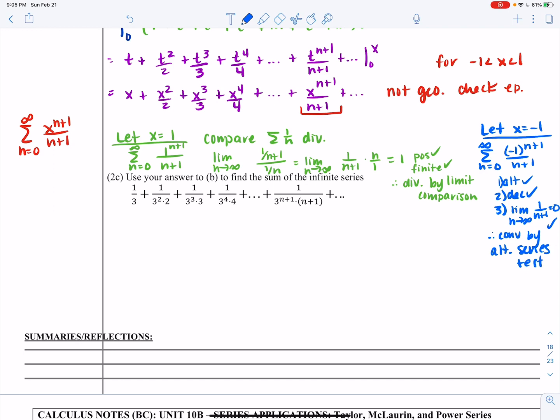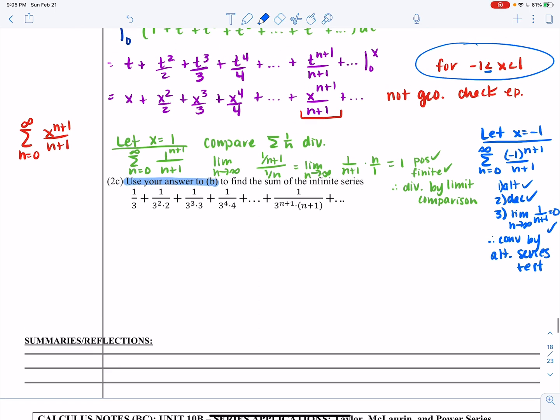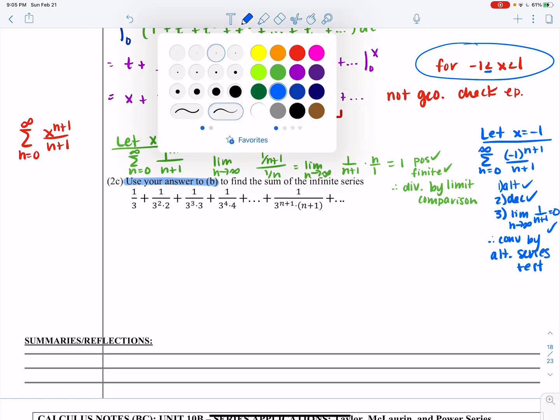If I go back up to my original answer, I need to throw an equal sign on -1, but keep 1 without it. For the last question that says use your answer to part B, guys, when they tell you use your answer to part B, they really want you to make sure you're making some connection there to find the sum of this series. Well, let's look at our answer from part B.